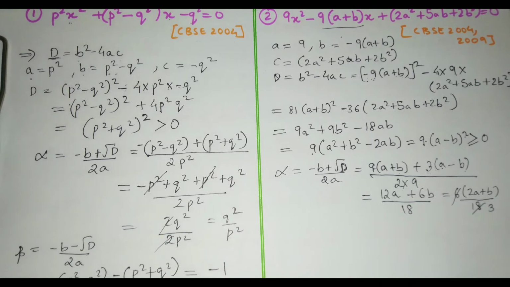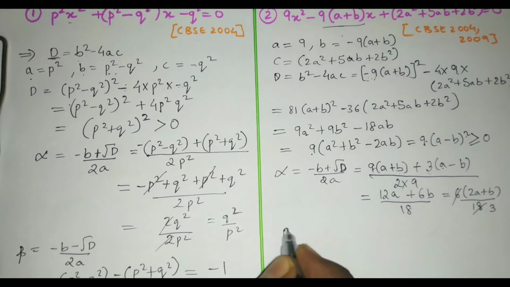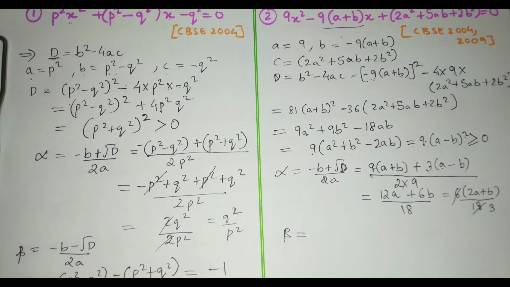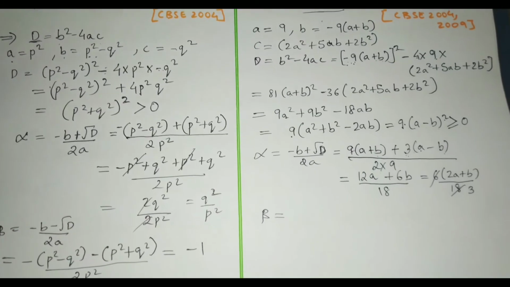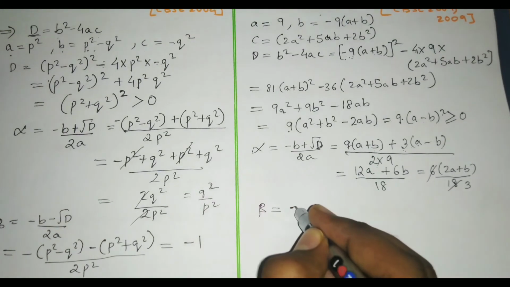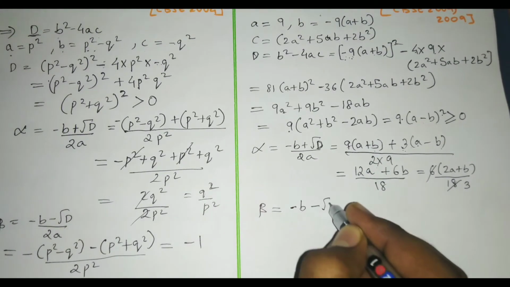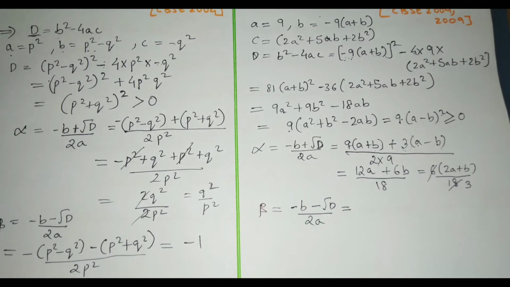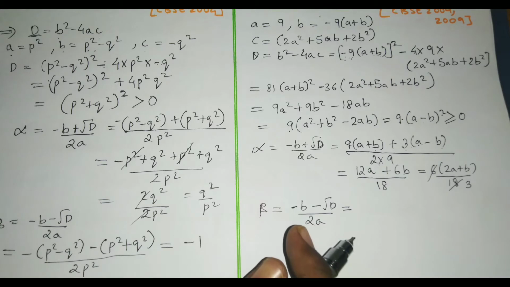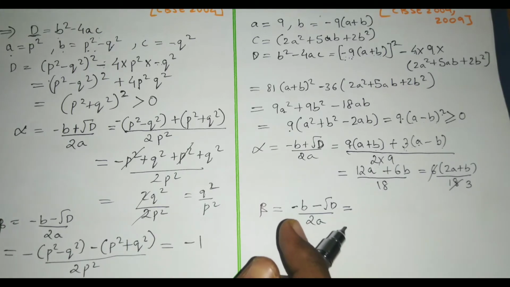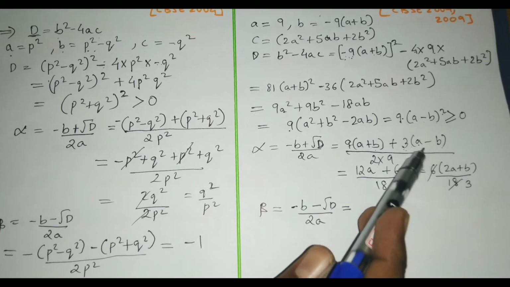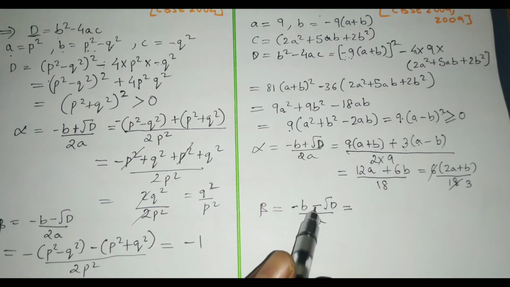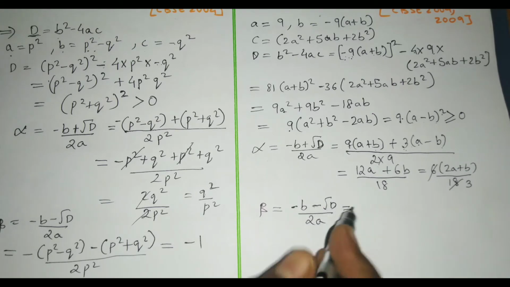Now what about beta? Beta you need to find out. So beta will be minus b minus root d by 2a, right? So minus b minus root d. For finding root d, again the same thing, root d will be the same, and for minus b you just have to change the sign for the roots, for the different roots.